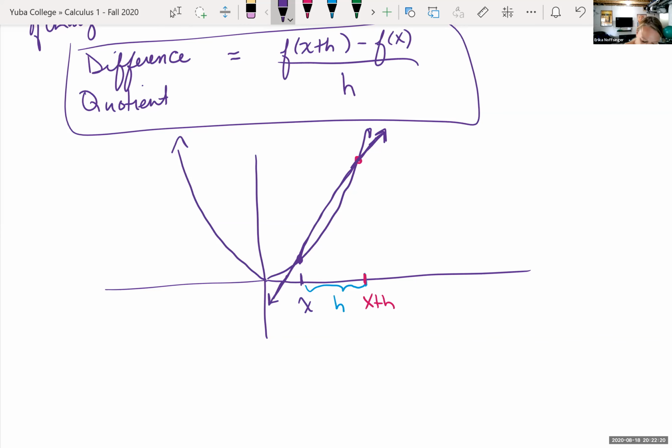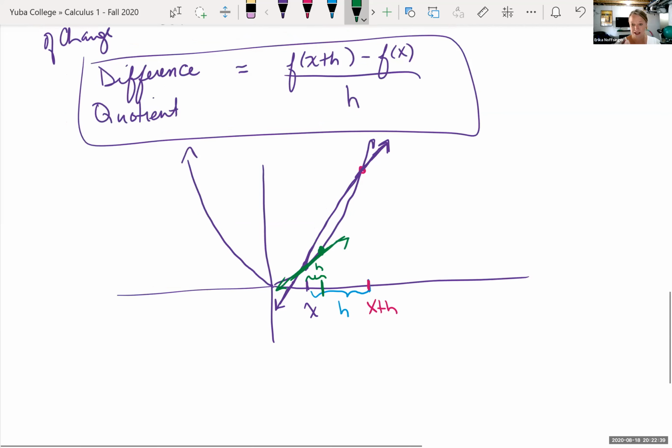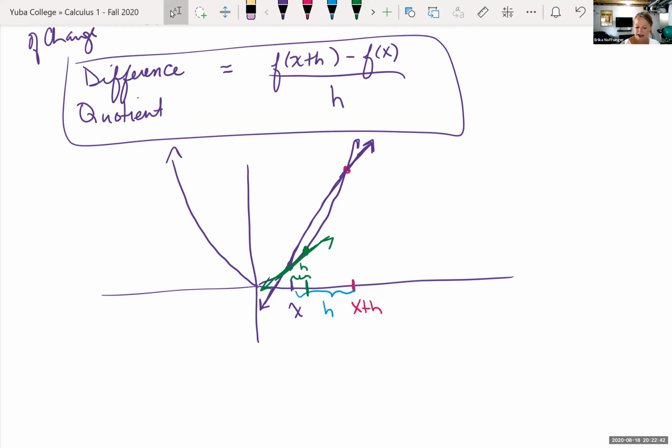So now if I chose my h value to be in here, and I looked at this point, and found the average rate of change, or the slope between those 2 points, I'm getting a better estimate of what's going on with x. And so technically what we're going to be doing is making that distance between x and x plus h very, very small. And by doing that, we're getting the instantaneous rate of change. We're getting that exact change at that particular point.